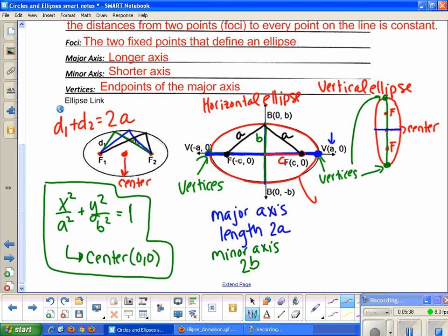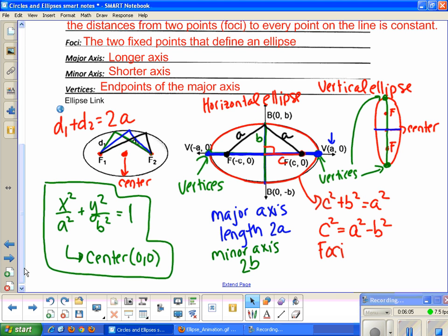Well, using the Pythagorean theorem, this would be my right triangle. So c squared plus b squared equals a squared. So c squared is really equal to a squared minus b squared, and then we would take the square root of that. So that's how you find the foci. It's a little bit different if we have a vertical ellipse, which we'll talk about next.